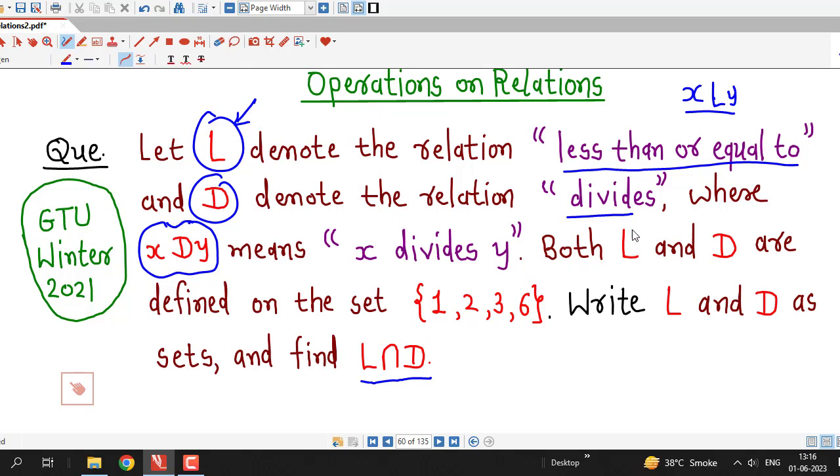Both the relations L and D are defined on this set having these four elements 1, 2, 3 and 6. We are asked to write L and D as sets and then find their intersection.